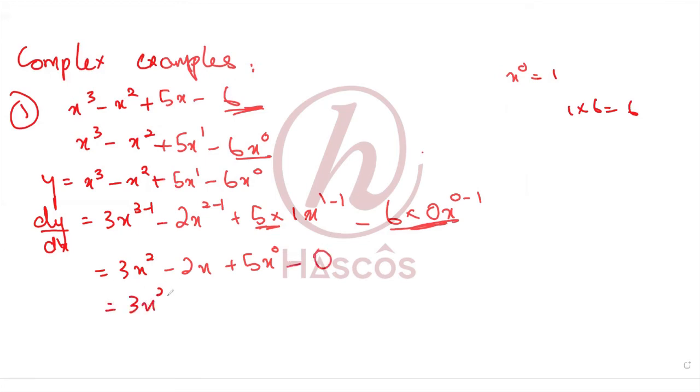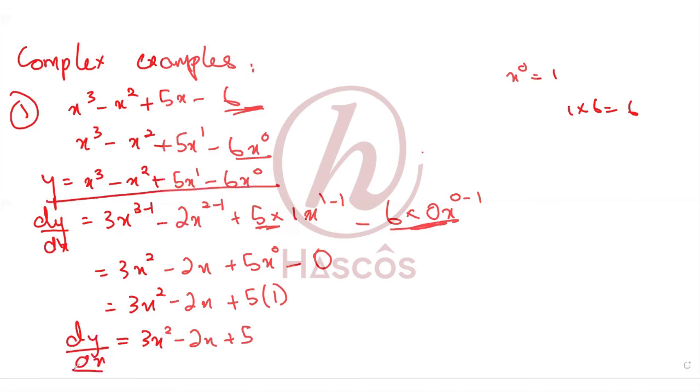This becomes 3x squared minus 2x, 5 times x to the power 0 means 5 times 1, you don't have to write the zero term, 3x squared minus 2x plus 5. So the equation in y is being differentiated into dy over dx, which is 3x squared minus 2x plus 5.